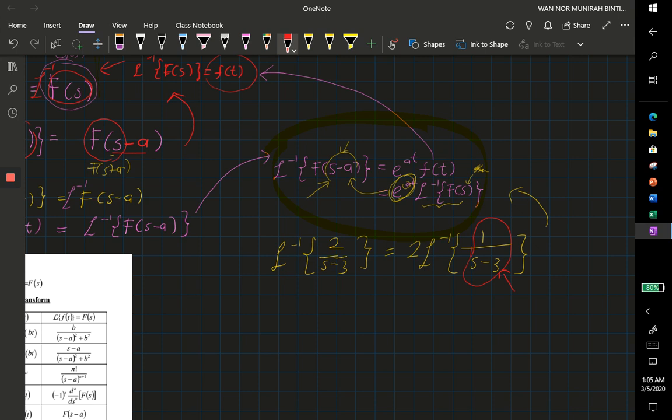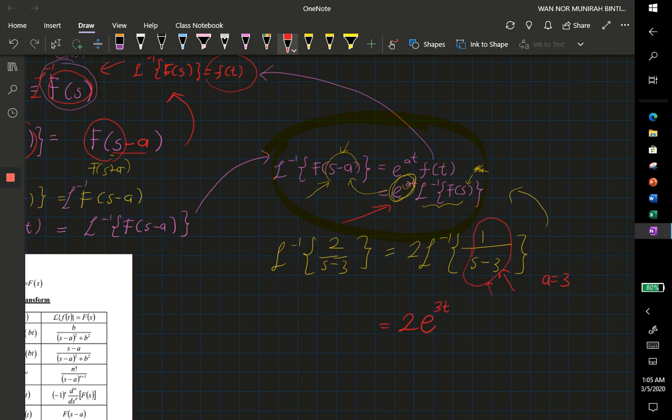So that is how you read the function. What can you say about your a? This s is replaced by s minus a. So what is your a? a is 3. The definition said that you need to take out e^(at), so a is 3 and you have e^(3t).